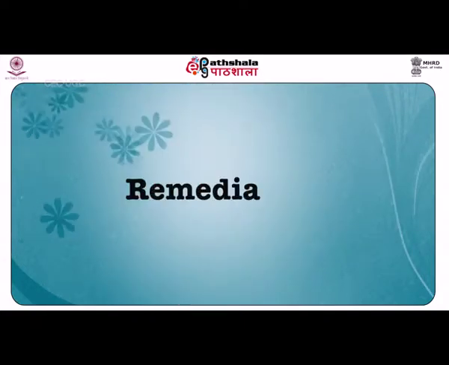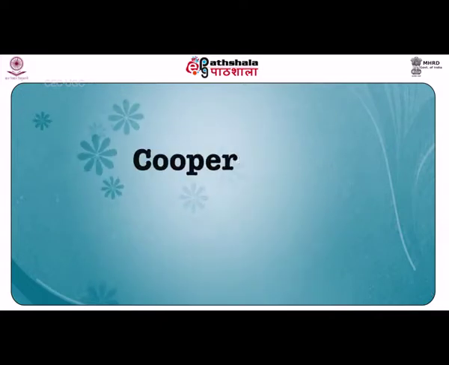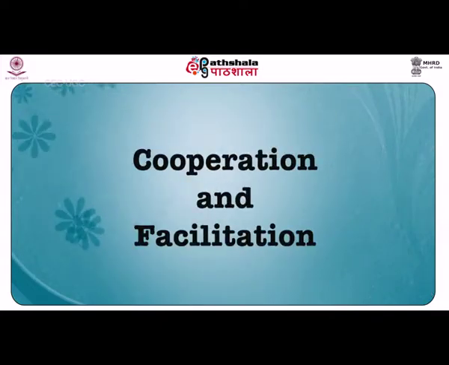Third way is to occasionally teach preventive-based curriculum offerings in the classes. Second is remediation. Secondary school counselors initiate remediation and intervention programs to help students with specific problems that are not amenable to preventive techniques. Third is cooperation and facilitation.